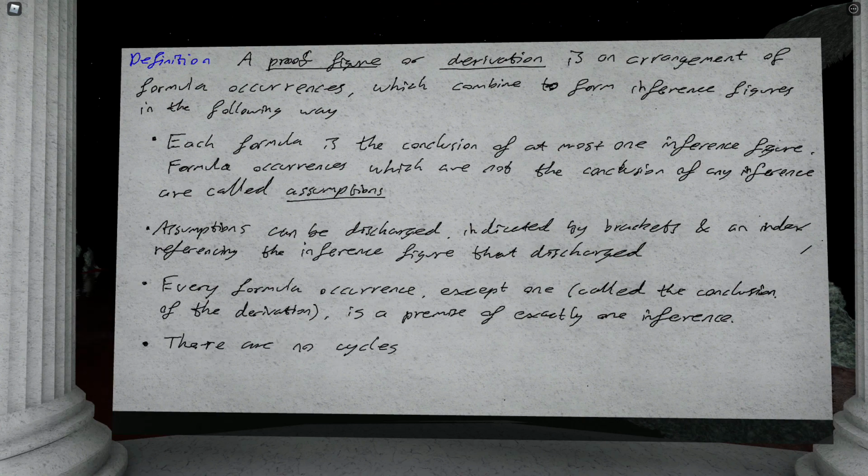What I mean by that is you can't write a cycle of formulas such that if you take one formula occurrence in the cycle and look at the formula which it is a premise of, then the next formula in the cycle is the conclusion of that premise.